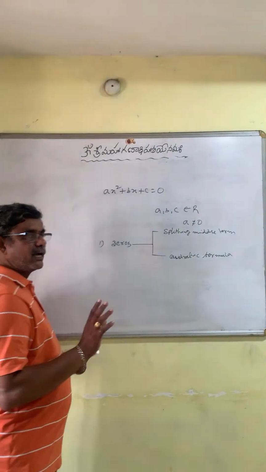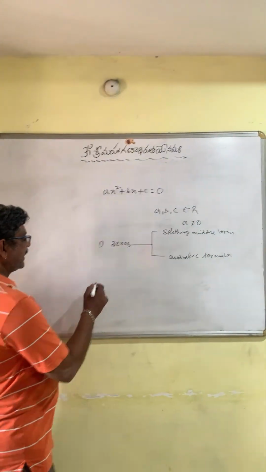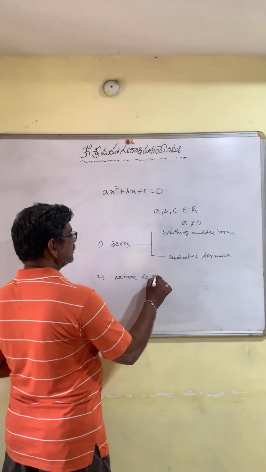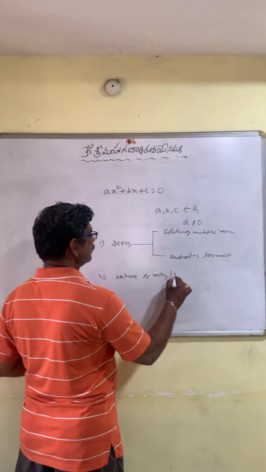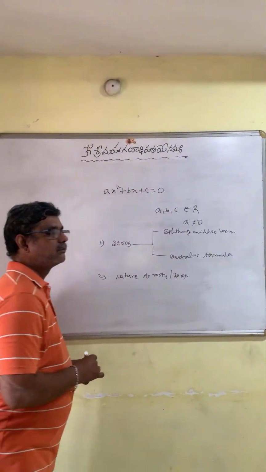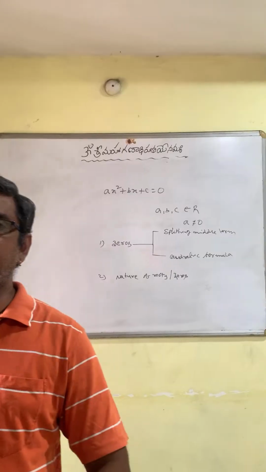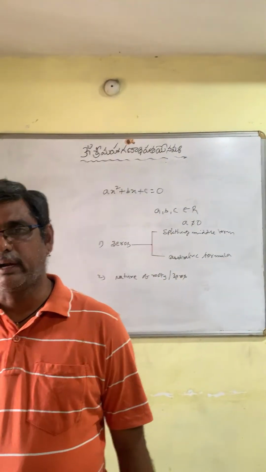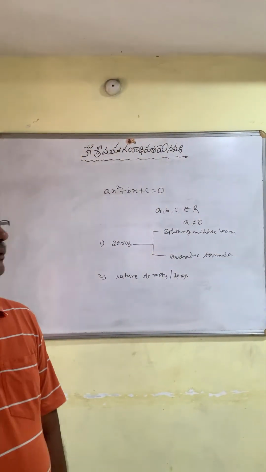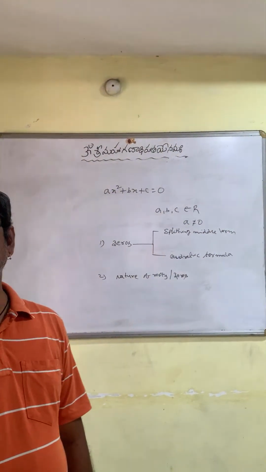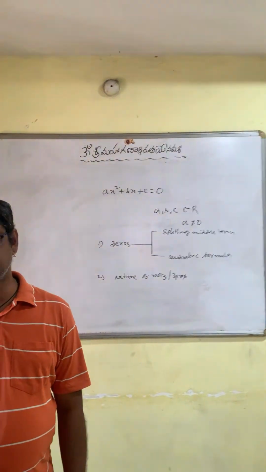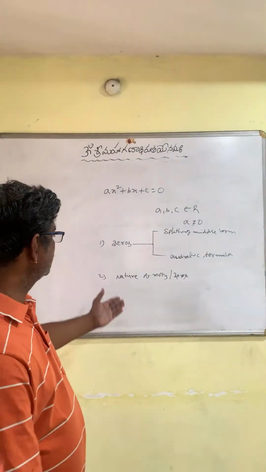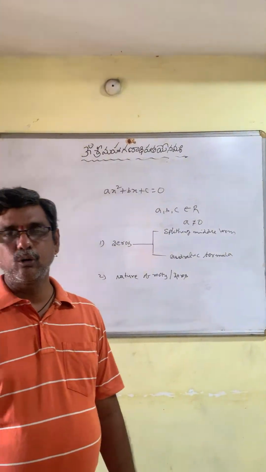So this is concept one. Second concept, nature of roots, or zeros. It means what kind of zeros the given quadratic equation has, real zeros or not real zeros. We know that every quadratic equation has two zeros, and what kind of zeros they are is the concept of nature of roots.